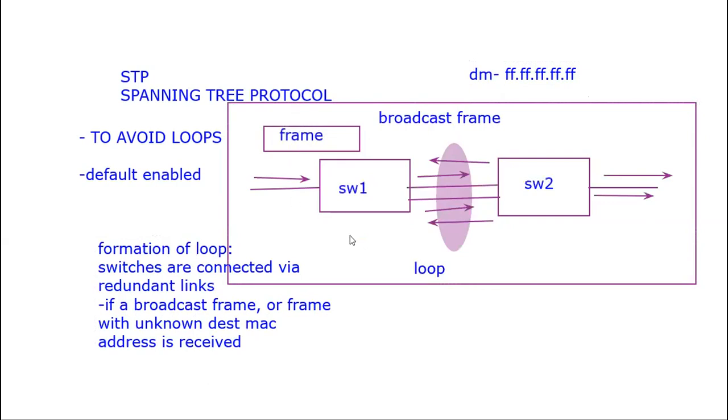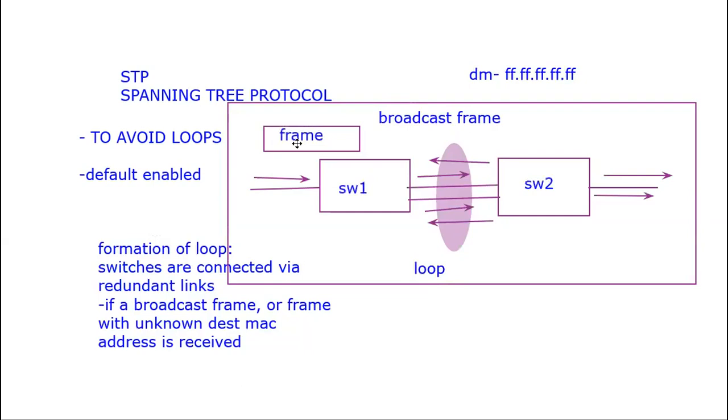So to avoid this type of situation, there is STP, Spanning Tree Protocol, which runs by default on the switches. What it does basically is it avoids formation of loops by blocking some ports. The unnecessary ports are blocked. So it uses some election processes to elect which will be the active port. So only the active port will come up and the other ports will go down.